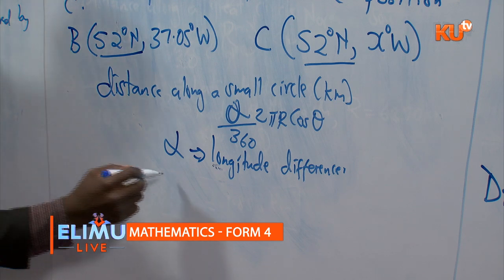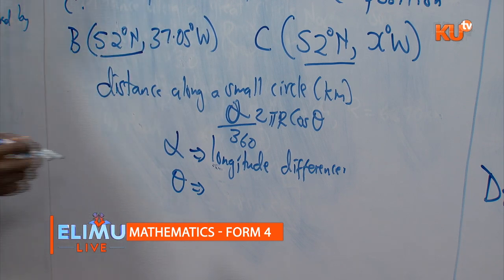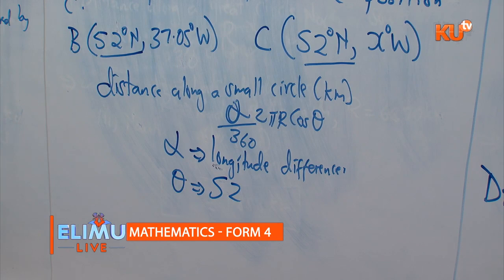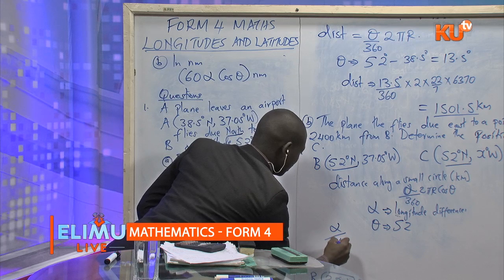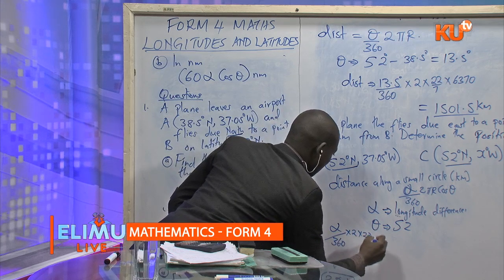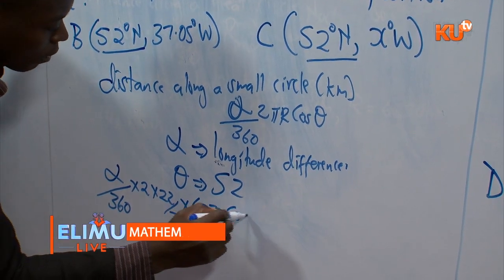Then theta is the latitude angle, and the latitude angle here is 52. So we substitute in and say alpha over 360 times 2 times 22 over 7 times 6370 cos 52.